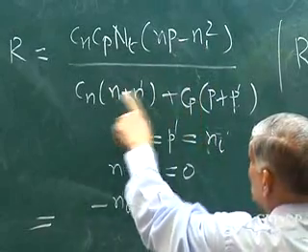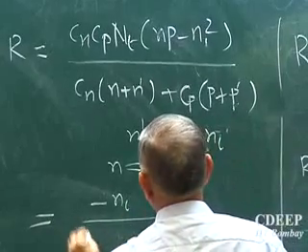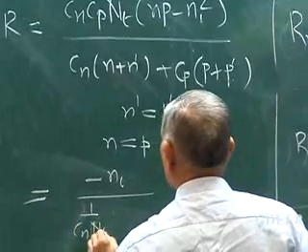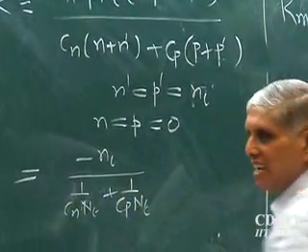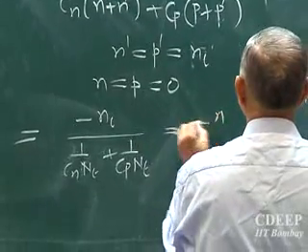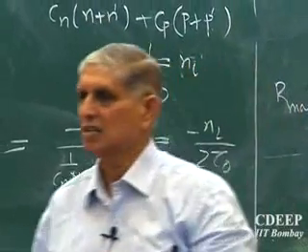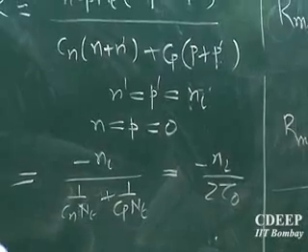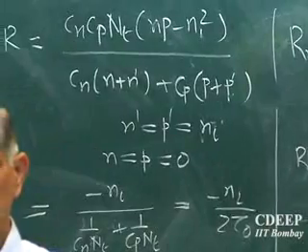This is 0, this is 0. So I take Ni, Ni cancels. So Ni upon (1 upon Cn N_T plus 1 upon Cp N_T). Assuming again that the taus are the same, this is essentially minus Ni by 2τ. So in the case of R now, you have a minus R, and what does minus R mean?